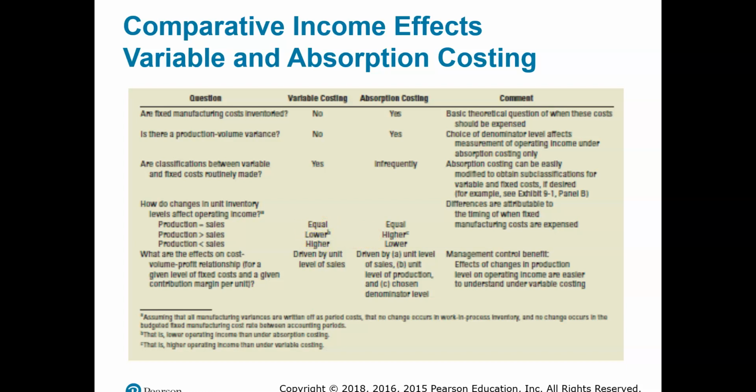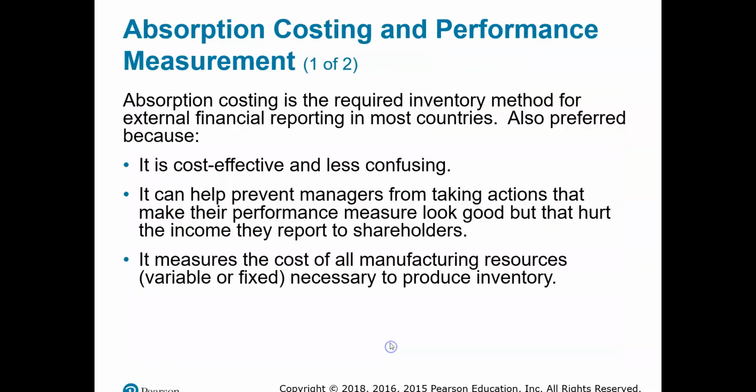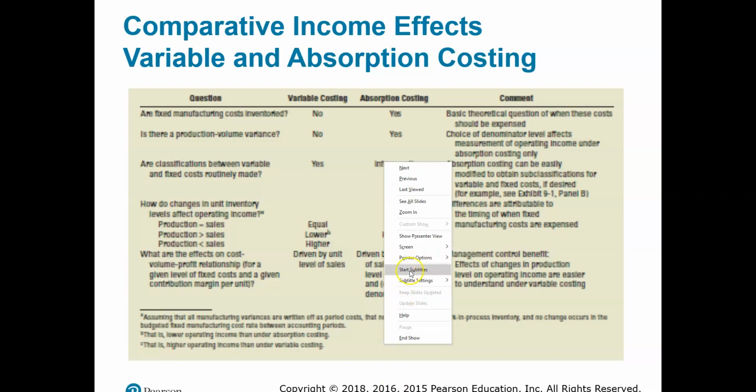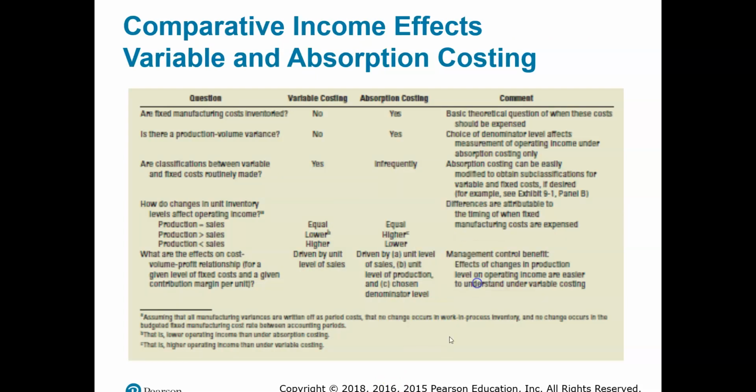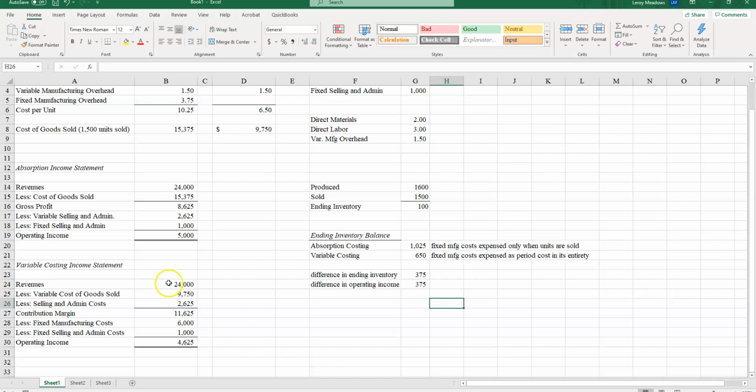And we saw that, didn't we? Let's go back to the illustration here. When we produced more than we sold, absorption operating income was higher than variable costing operating income. So we saw that illustration right here.